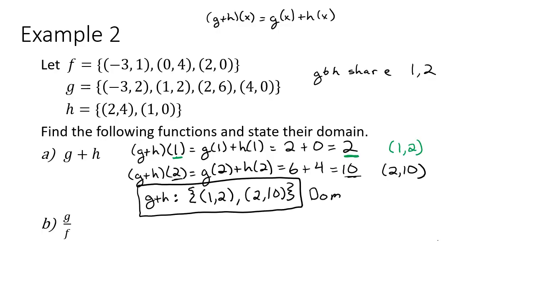And we already found that in advance, but you can also read it from the x values of the ordered pairs here as well, just like back in section 2.1. The possible inputs here are 1 and 2. And again, only those two would work, because any other number you plug in would either not work in g, it wouldn't be part of g's domain, or it wouldn't work in h. It wouldn't be part of h's domain. You're looking for the stuff in common.